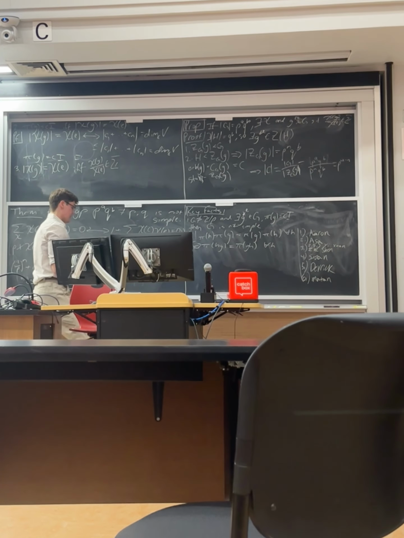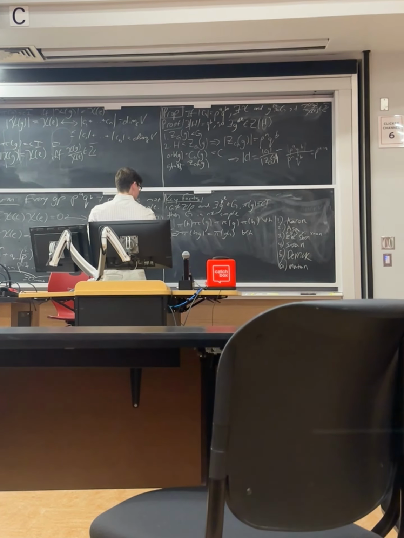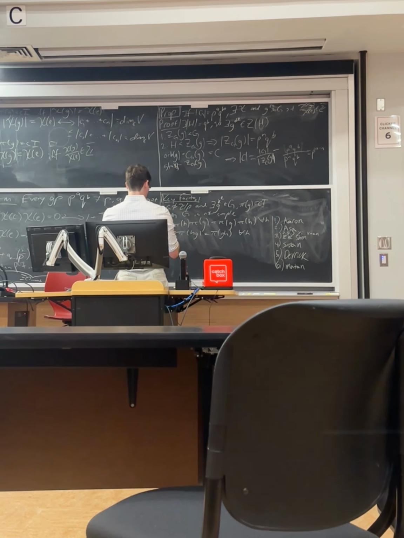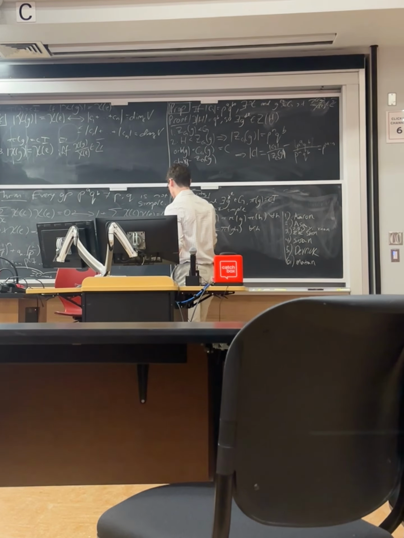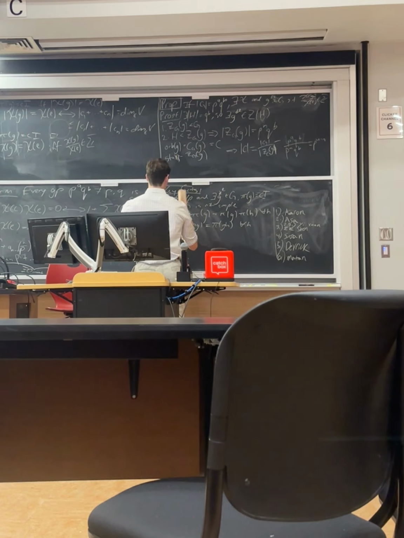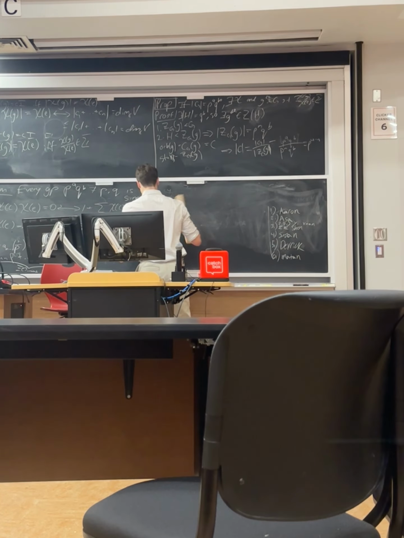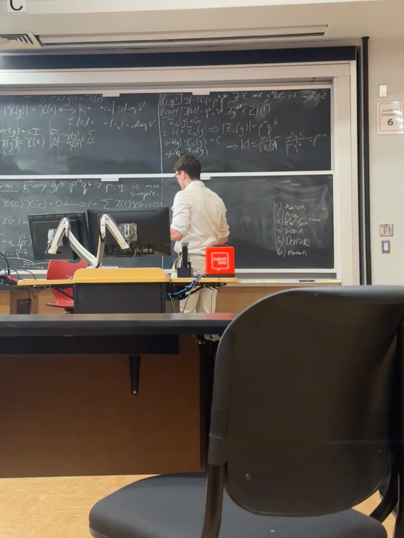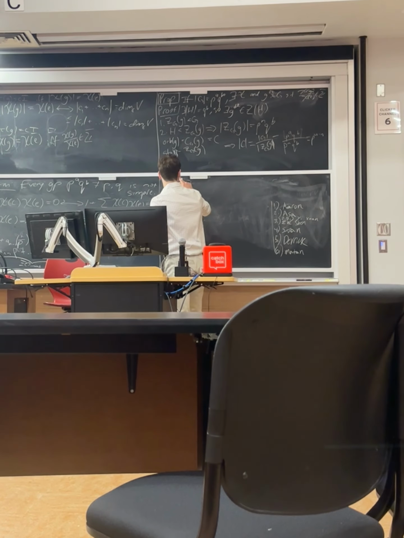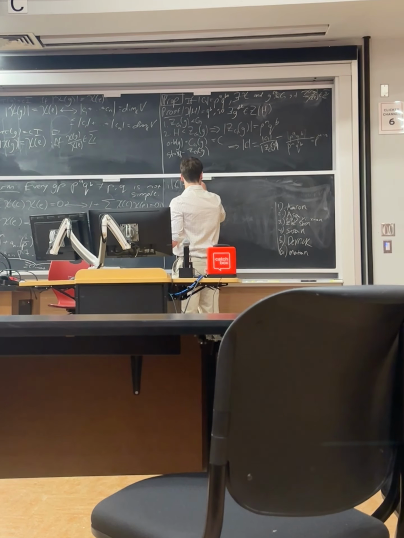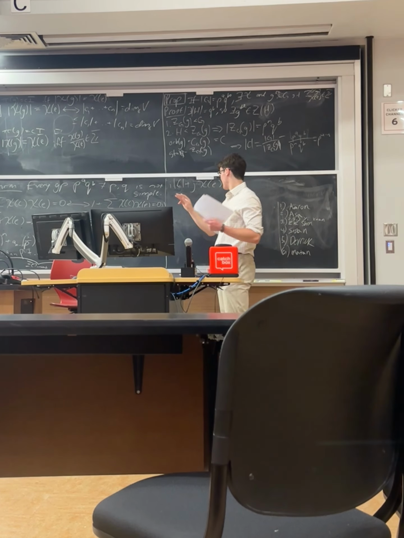That's a contradiction. So there has to be some character such that chi of e is coprime with the order of C, the conjugacy class. I won't erase more facts, but I will erase the names. Okay, so since they're coprime, there should be integers i and j such that, hopefully you took abstract algebra, that's just basic Bezout.